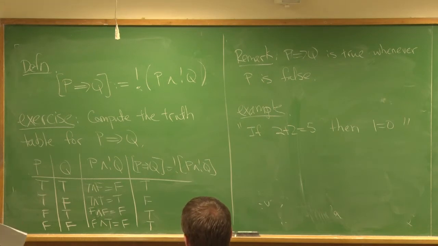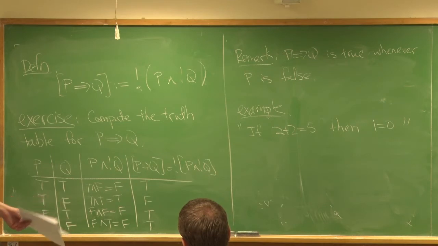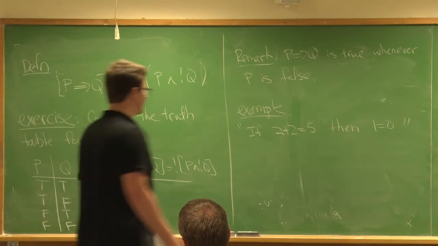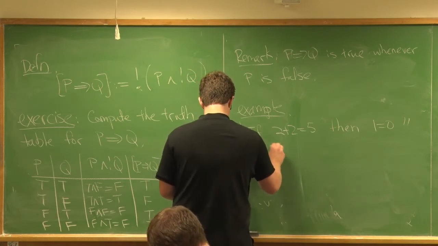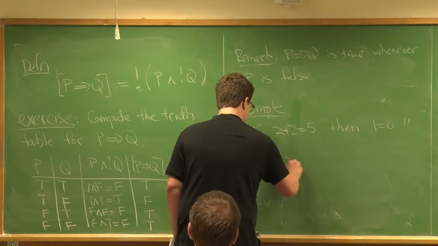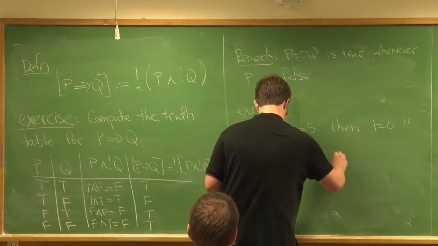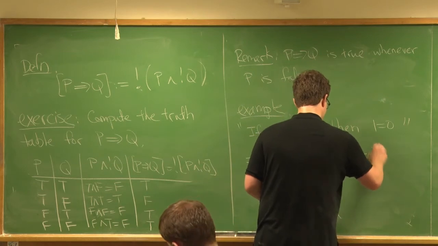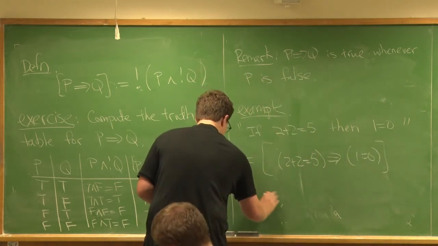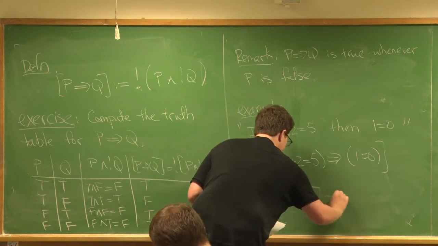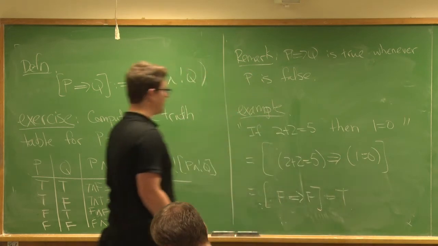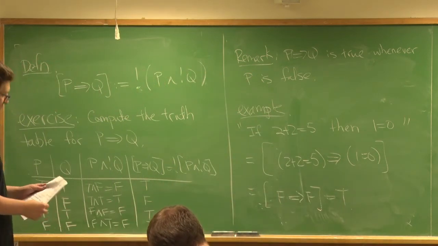Whenever 2 plus 2 is equal to 5, 1 is equal to 0. 2 plus 2 is never equal to 5, so whenever that happens, sure, but it never happens. That's why it's true. So 2 plus 2 is equal to 5 implies 1 is equal to 0. This is something false implies something false, which is true. So that's a true statement.